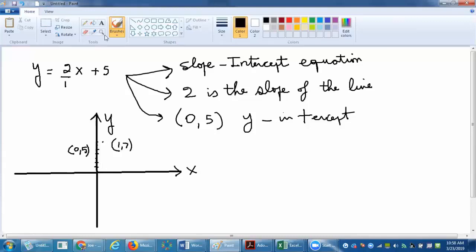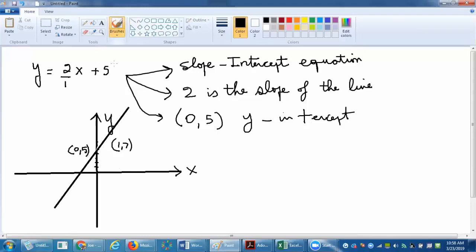Now that we have 2 points, I can graph the line having (0, 5) and (1, 7) as my 2 points. Let's go ahead and graph the line. And so this would be the graph of the line y equals 2x plus 5.